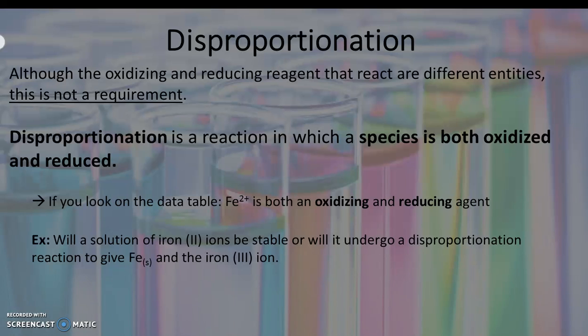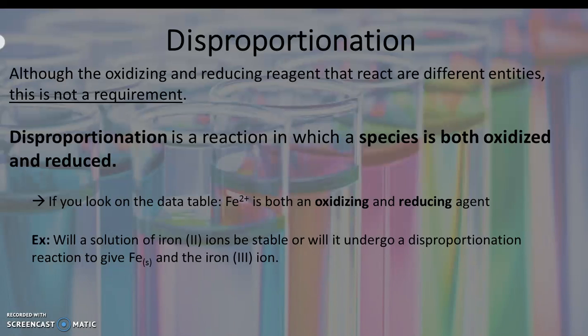We haven't really looked at any of these questions yet because solving them using half reactions doesn't really get us to where we want, or it's not a very easy method. So the question here says, will a solution of iron 2 ions be stable, or will it undergo disproportionation to give iron and iron 3 ions?